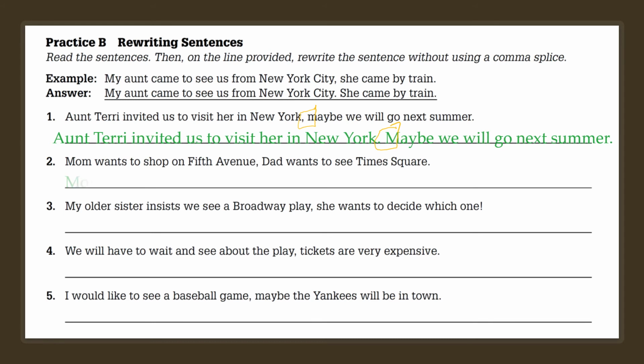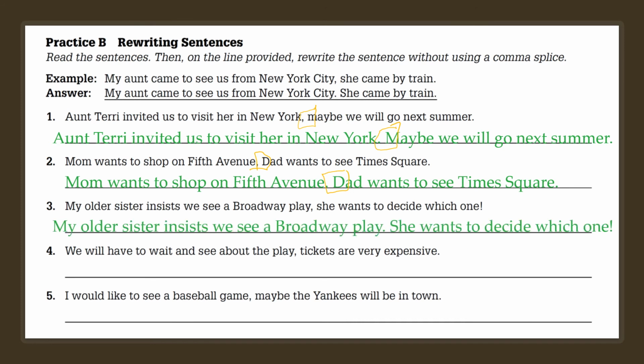Number 2, Mom wants to shop on 5th Avenue, comma, instead of comma. Let me just put the square here to see the difference. Instead of the comma, I put the period, then capital letter. Dad wants to see Times Square. My older sister insists we see a Broadway play.